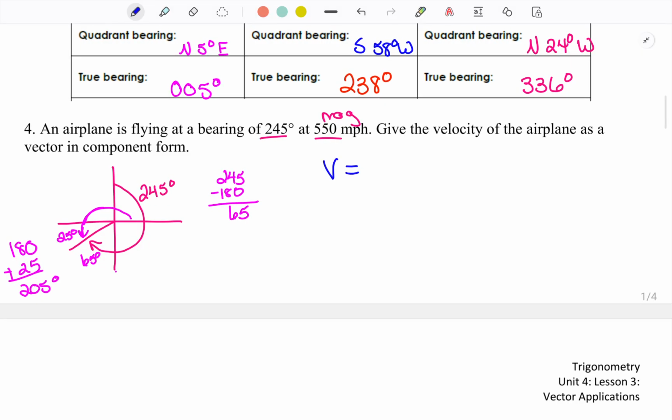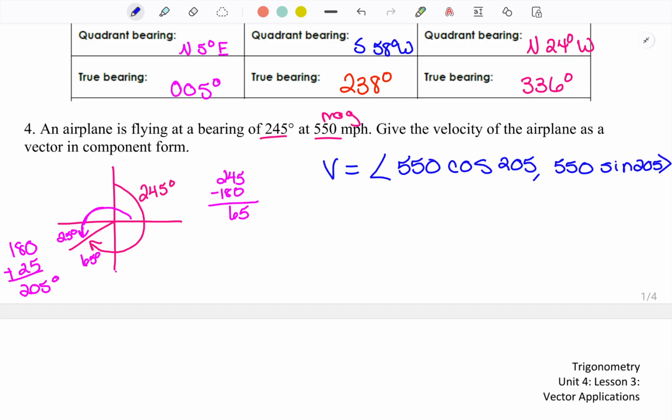Okay, so let's go back to writing the trigonometric form of that vector. We have V equals 550 times the cosine of 205, and then 550 times the sine of 205.